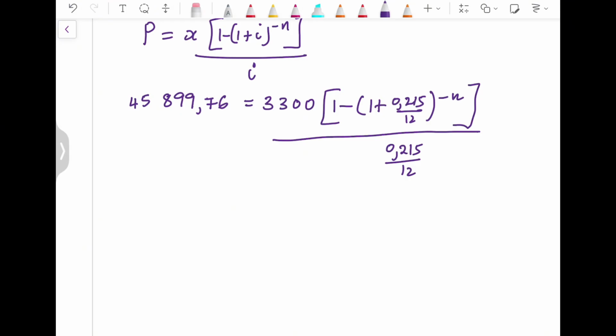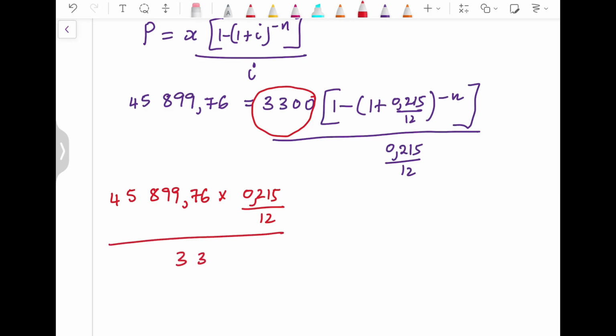So we will cross multiply, then divide by 3,300 on both sides. So I'm going to have 45,899,76 times 0,215 over 12, and then on both sides, I'm going to divide by 3,300. This is equal to 1 minus 1 plus 0,215 over 12 to the exponent negative n.